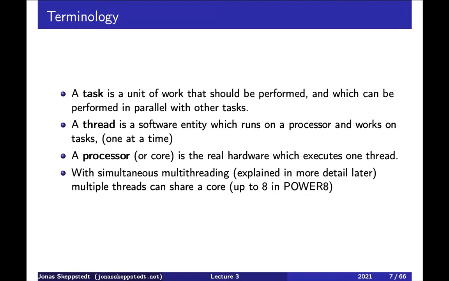A thread is something which can run on a processor, and it works on one task at a time. A processor is the CPU. I assume everyone knows what it is, but you will probably learn more in this course. So it's real hardware, and it executes one thread.